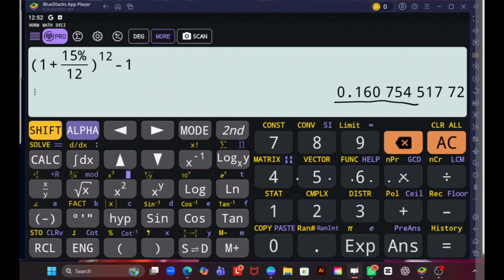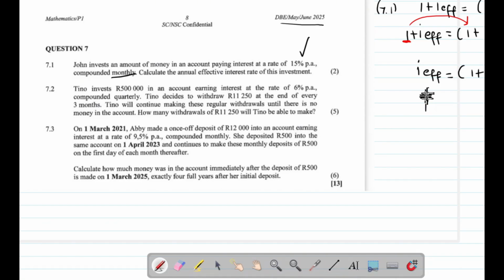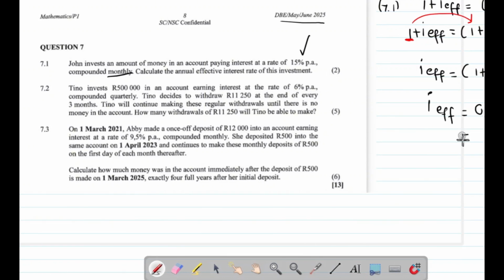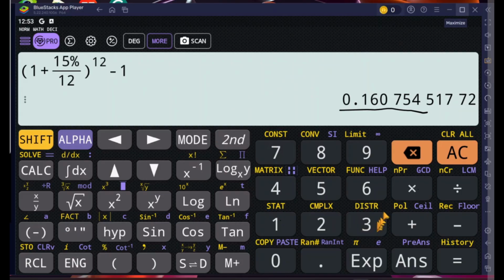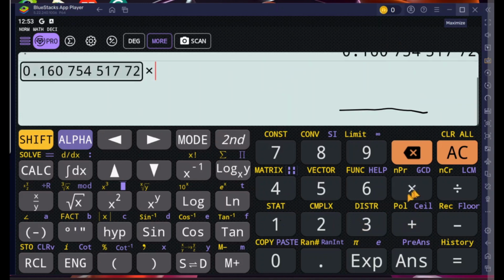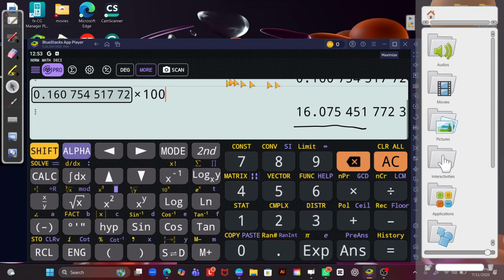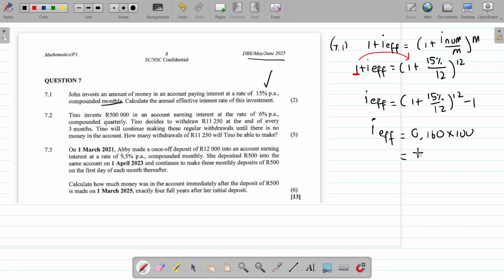So we're going to multiply that by 100. And then we get 16.08%. That is our i effective.